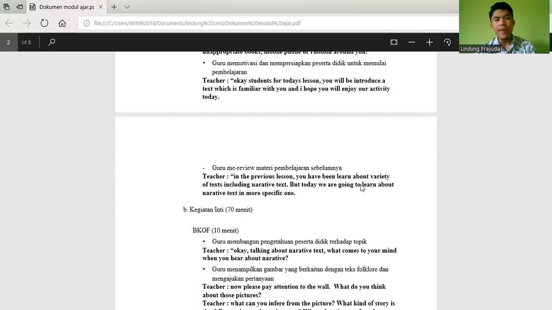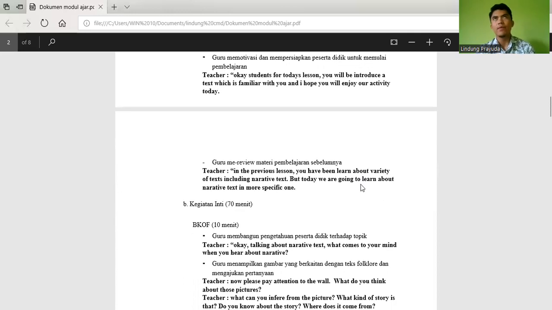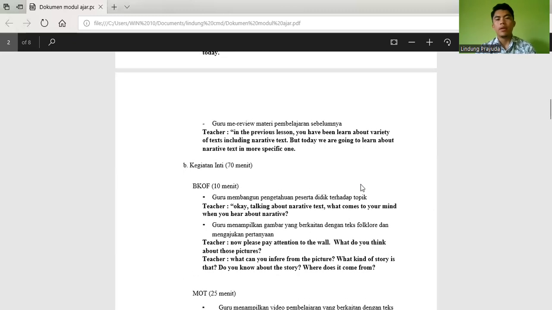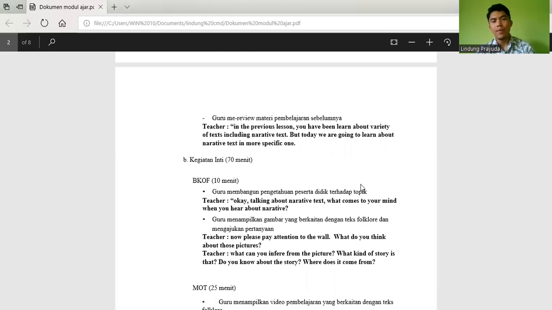And then for the main activities, after the introduction in the learning activities, we come to the main activities with a time allocation of 70 minutes.